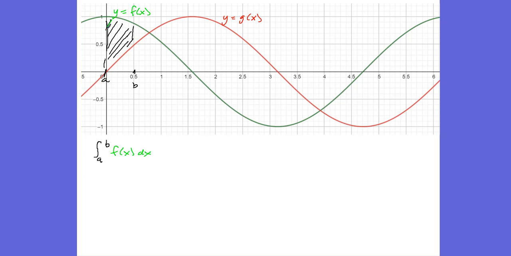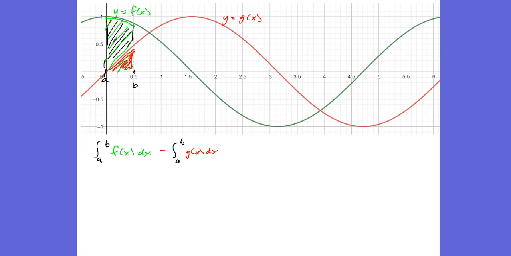That would give me all the area from the green all the way down to the x-axis. And obviously we're going to subtract the integral from a to b of g of x dx, which is this area right here down to the x-axis.